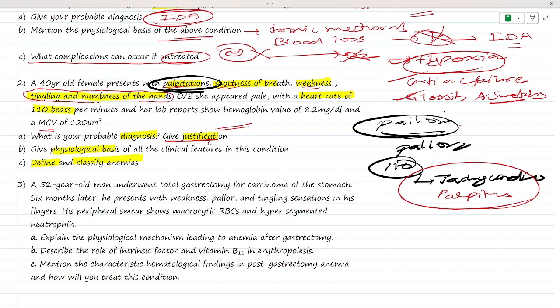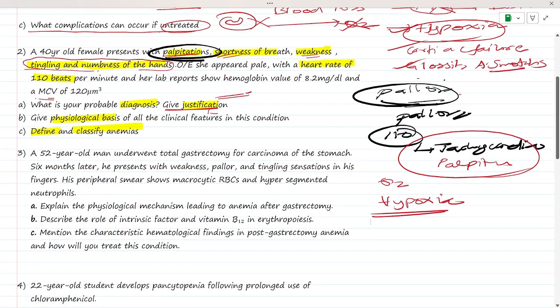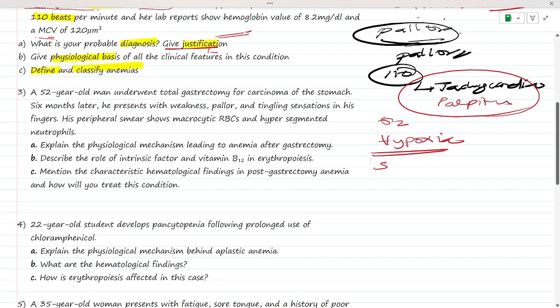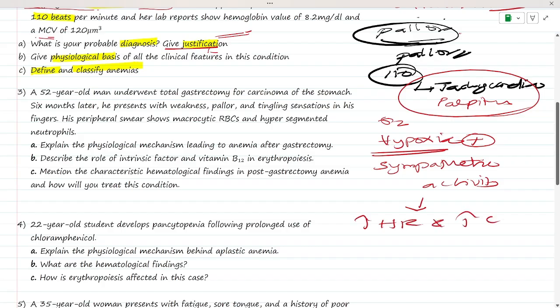Basically what happens in megaloblastic anemia is the O2 carrying capacity of the blood decreases, obviously leading to hypoxia. And this hypoxia stimulates the sympathetic activity, and the sympathetic activity leads to increased heart rate and increased cardiac output.